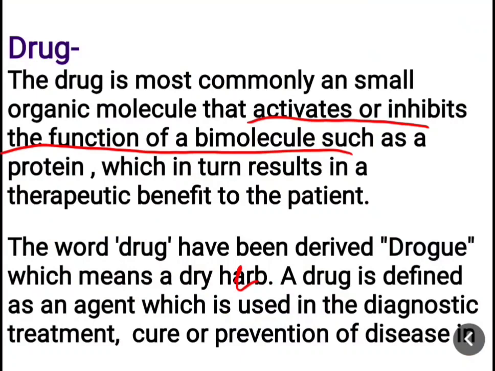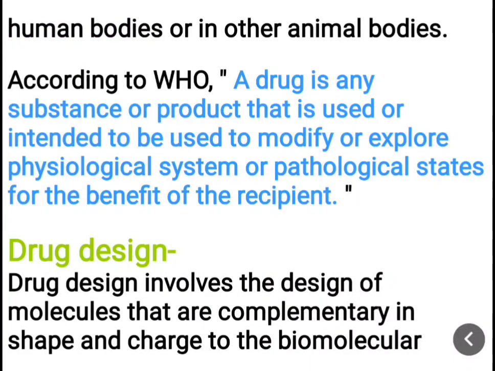The word drug is derived from drogue, D-R-O-G-U-E, which means dry herb, that is, dry plants having medicinal value. A drug is defined as an agent used in diagnosis, treatment, and cure or prevention of disease in the human body as well as animal bodies.